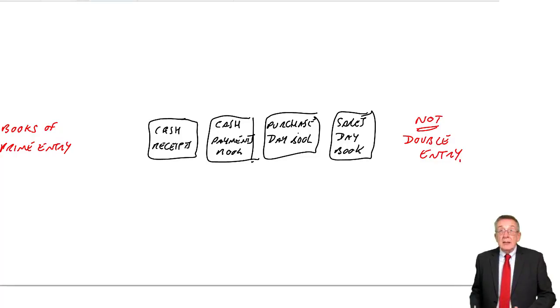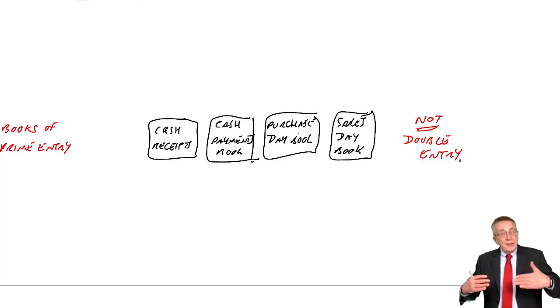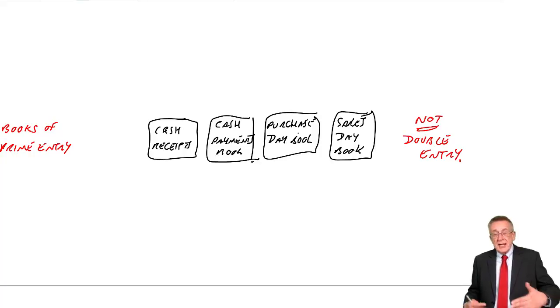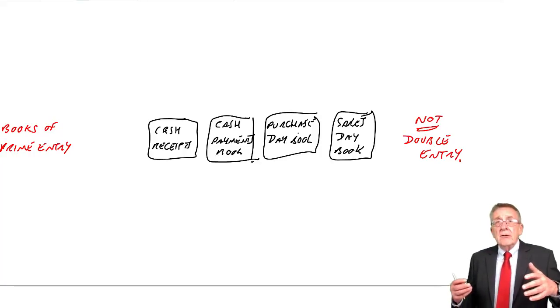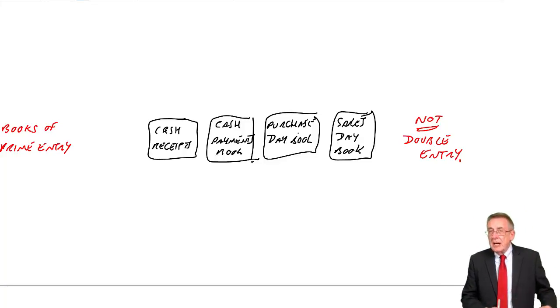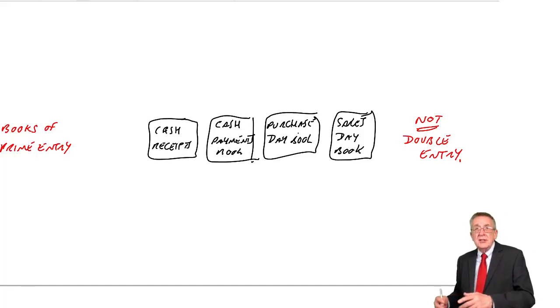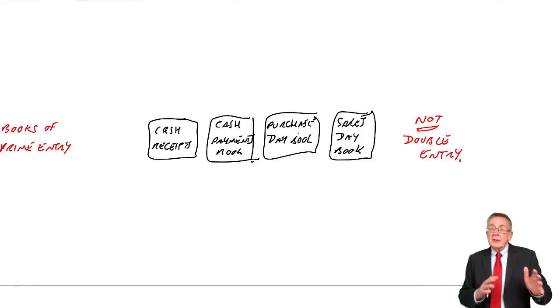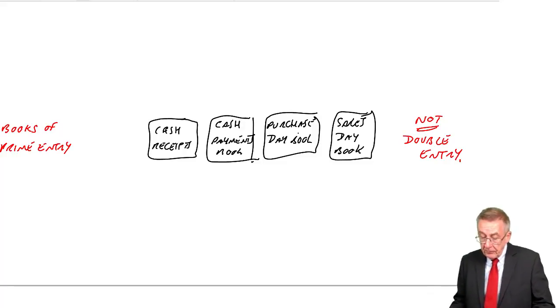At the same time as we're writing up those books, we're taking the figures from the books, and writing up the payables or purchases ledger and the sales or receivables ledger, where we're keeping a note for each supplier, each customer.